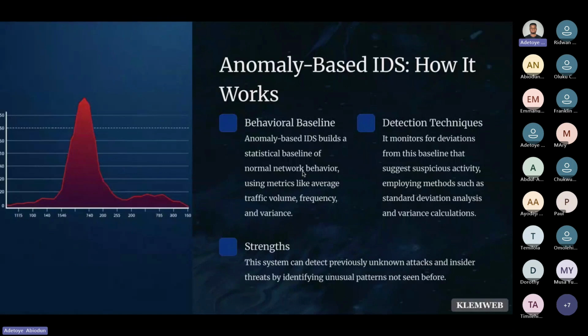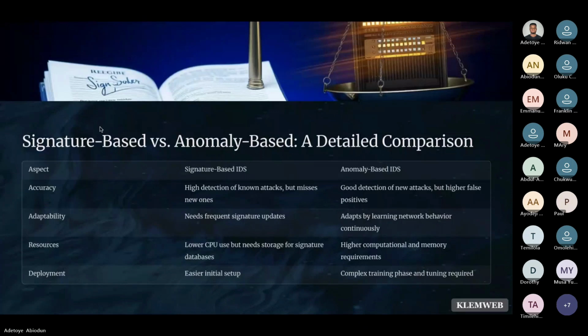The strength is that it detects previously unknown attacks and insider threats by identifying unusual patterns not seen before. Unusual patterns not seen before. Okay. So we are comparing the two now in this place.